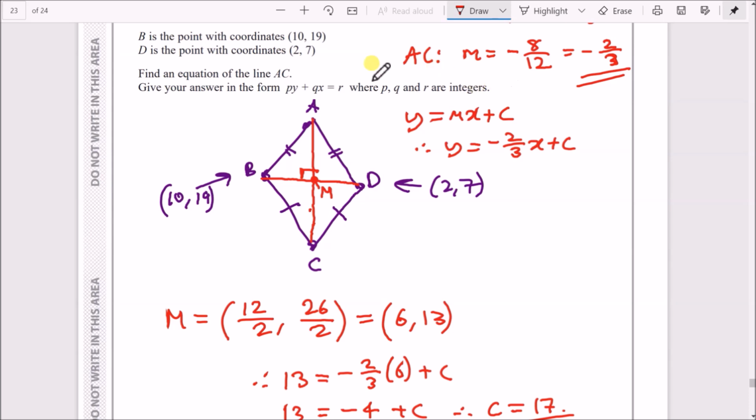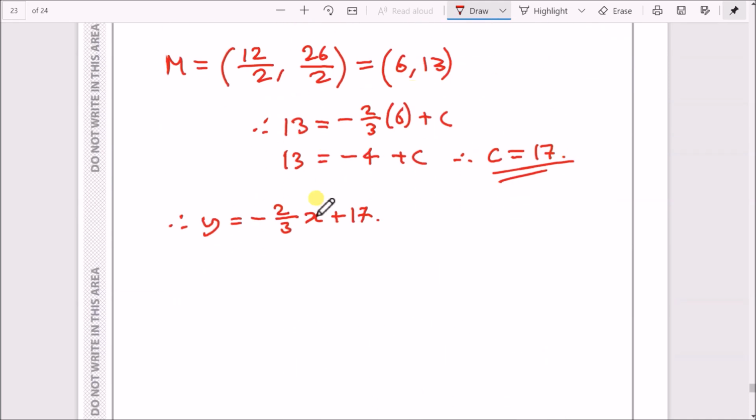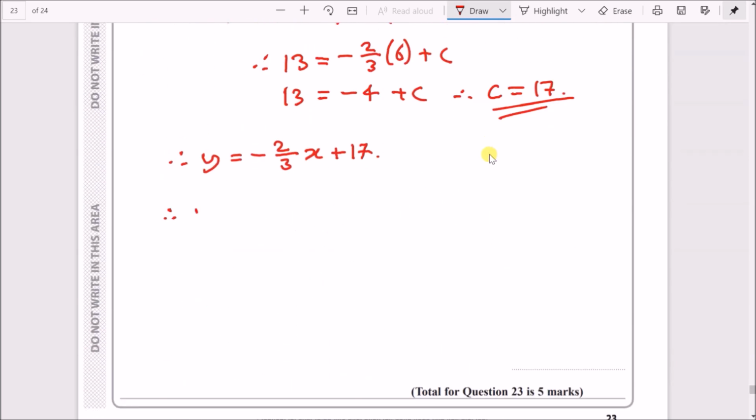Okay, so rule 1, we got to put x and y on one side and make it equal to a number, and then clear out the fraction because they don't want fractions. So let's do it now. Let's move 2/3 x across so we can add it across. Y or x first? Okay, y is first. So it's going to become y plus 2 over 3x equals 17.